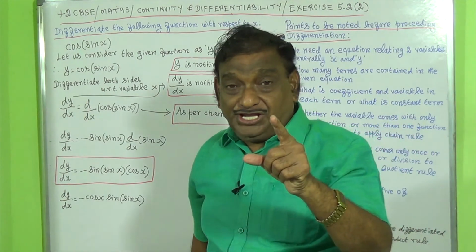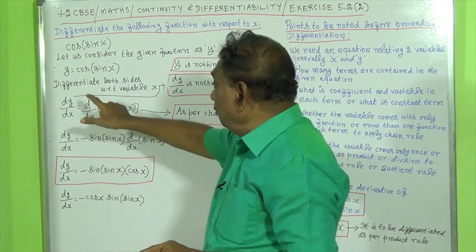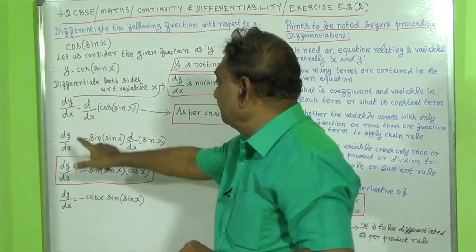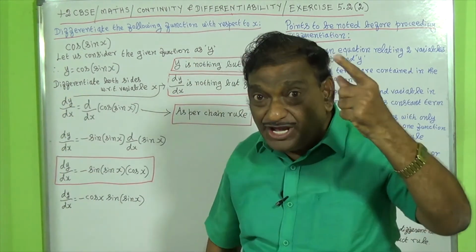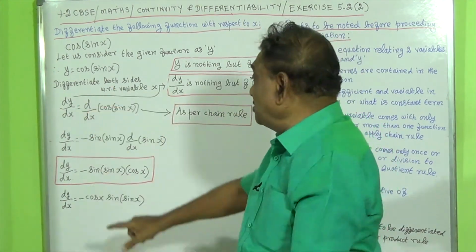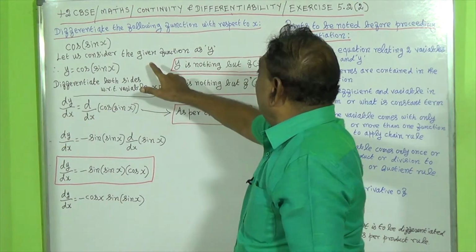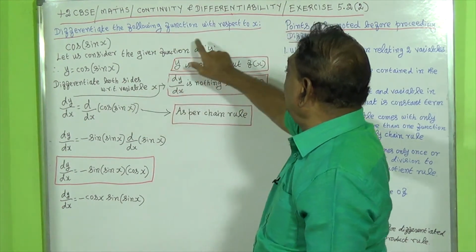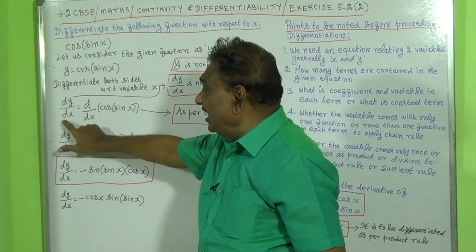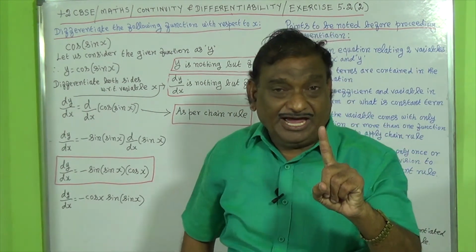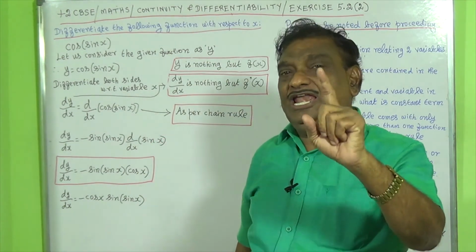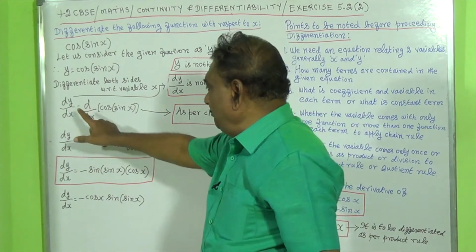On differentiating the left side variable y, we will get dy. This is to be differentiated with respect to x, so that we will get dx in the denominator. Thereby we will get on the left side dy by dx.